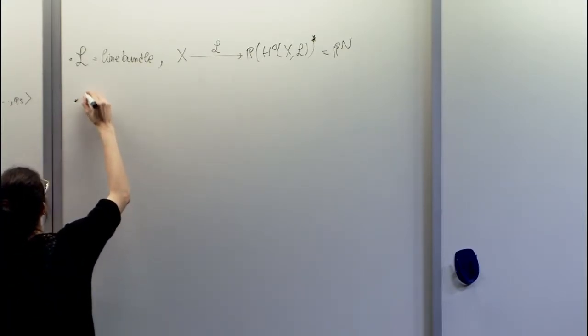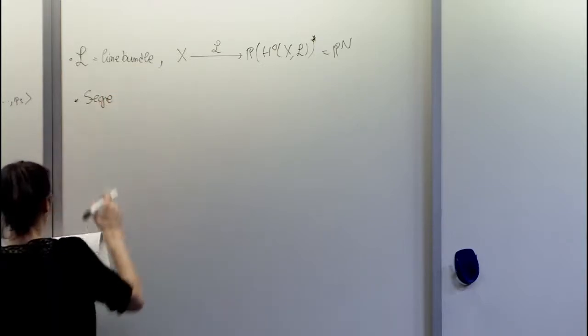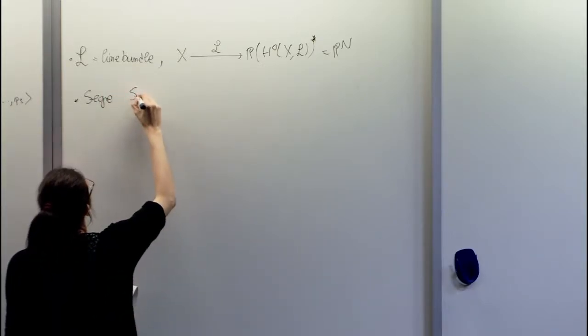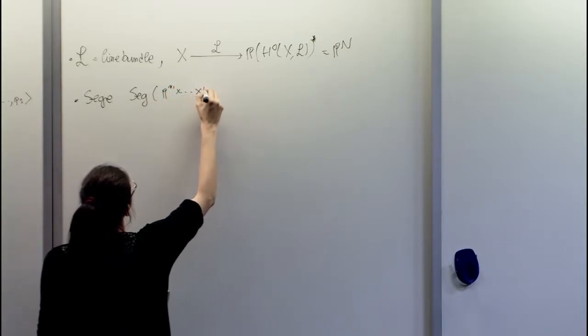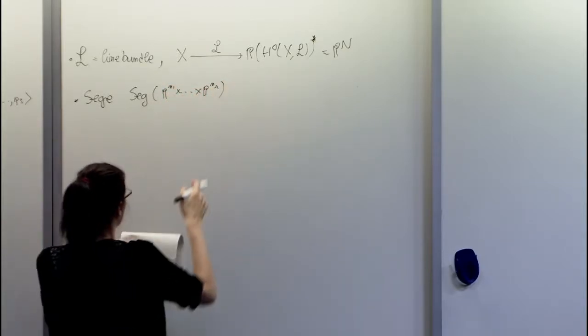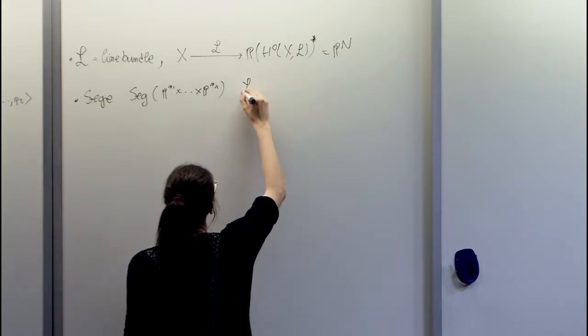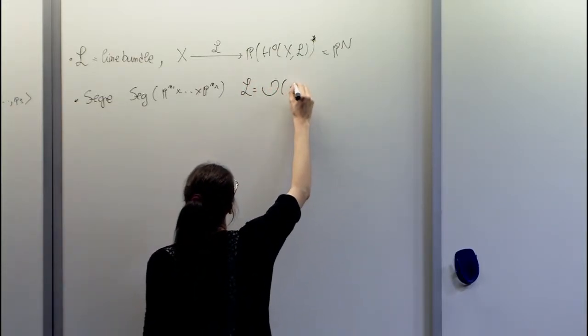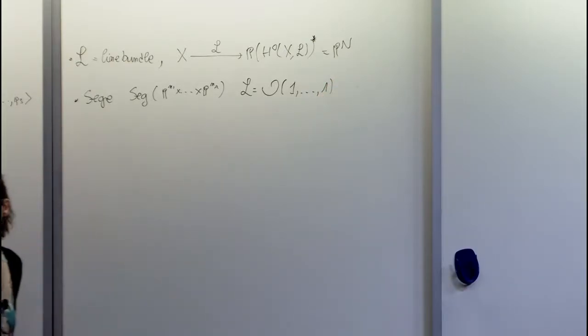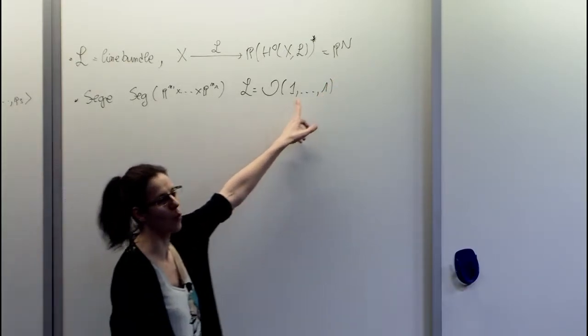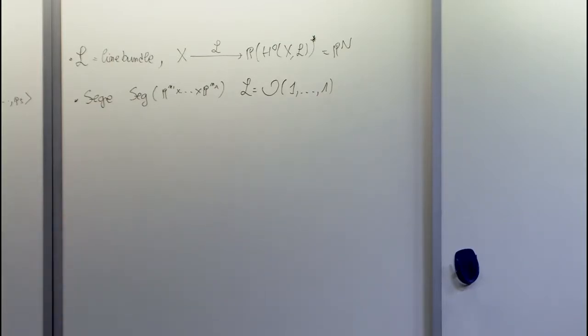So in the case of Segre, the Segre embedding of Pn1 times Pnr, the line bundle that I'm considering is O(1,1,...,1). So it's a line bundle of multi-degree 1,1,...,1 on the product of projective spaces.